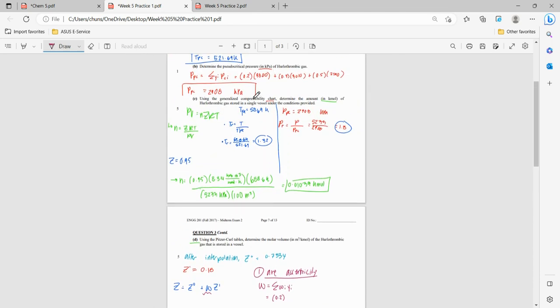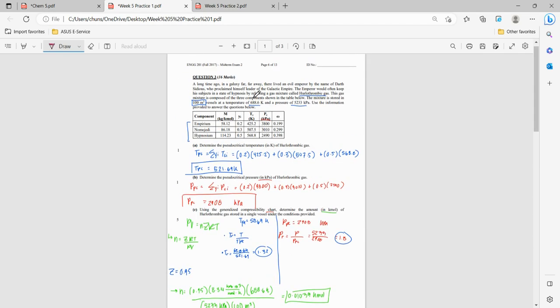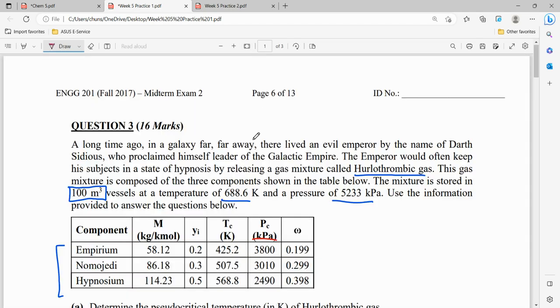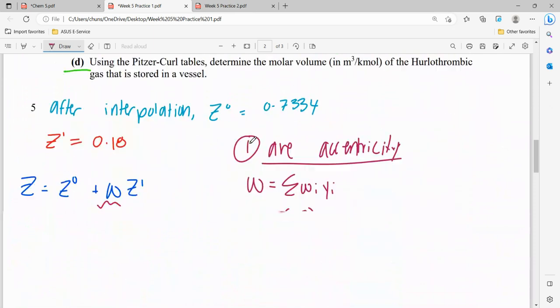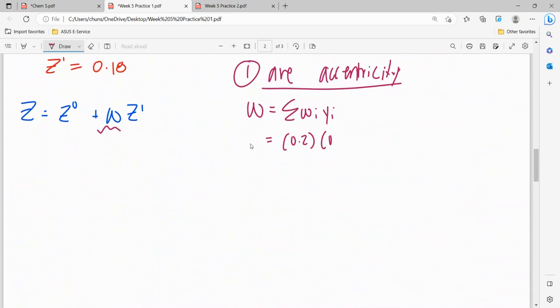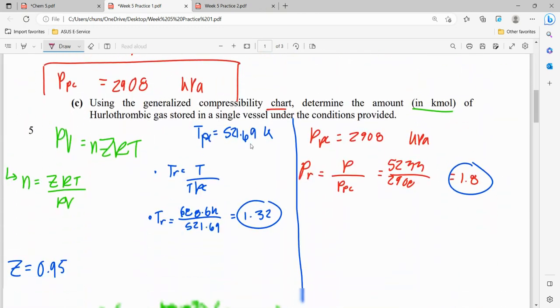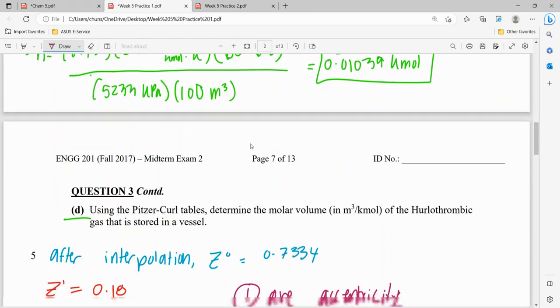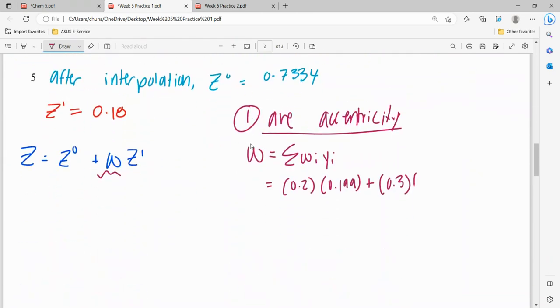So let's see if I can fit all of that in here. I cannot. Okay, so we're just going to go back and forth. So we have 0.199 plus, I think the next one is 0.299, and this is plus 0.398.